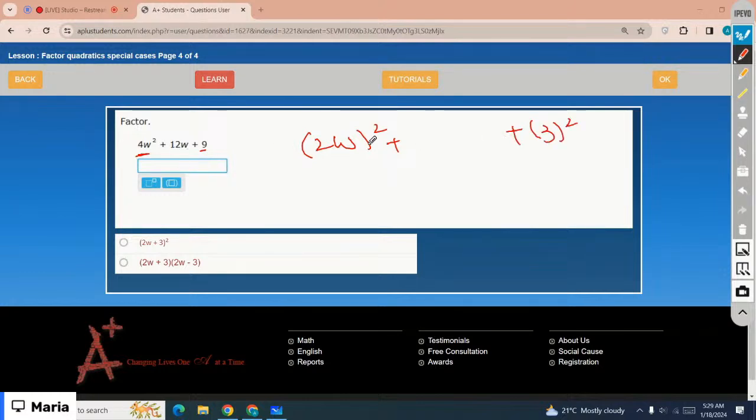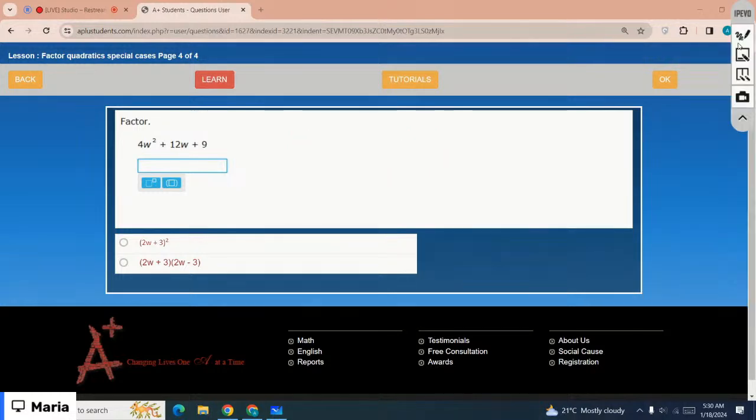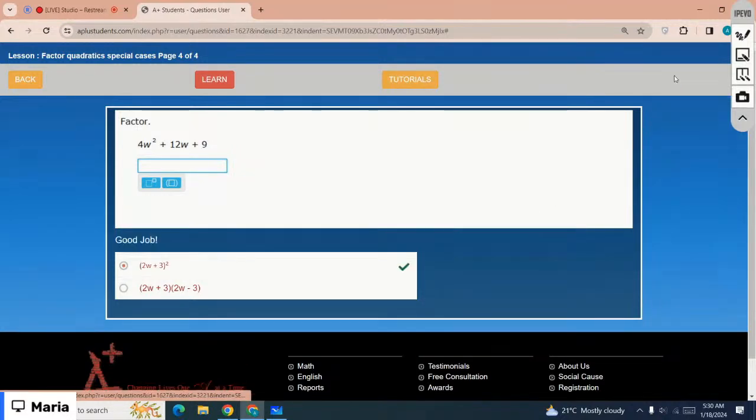And you can write 12w as 2 times 2w times 3, right? So that means this is 2w plus 3 whole square. So the correct option is option number 1, that is 2w plus 3 whole square.